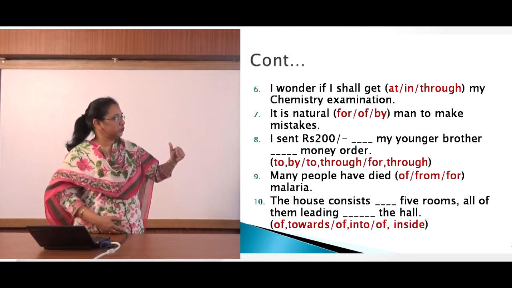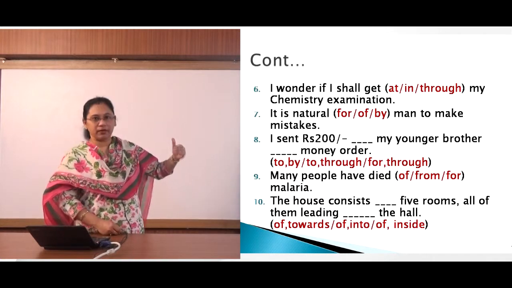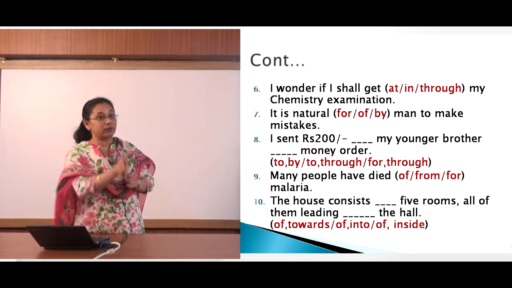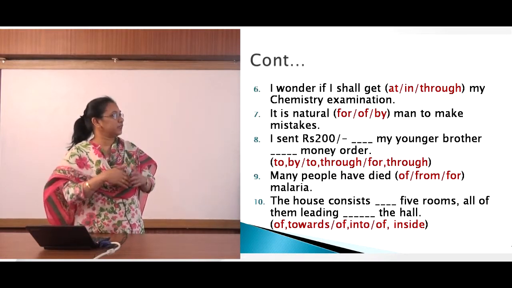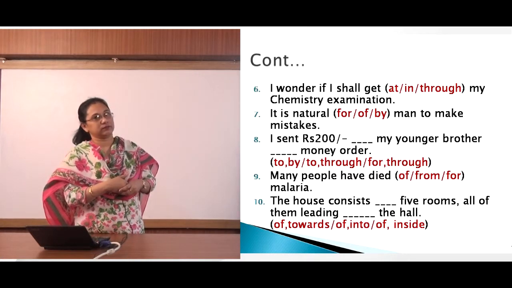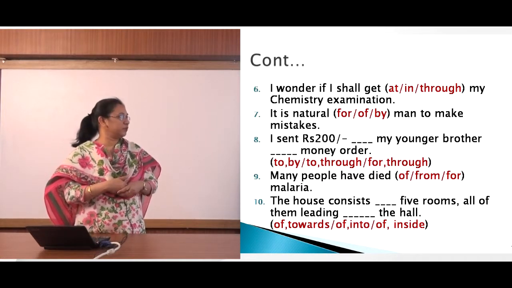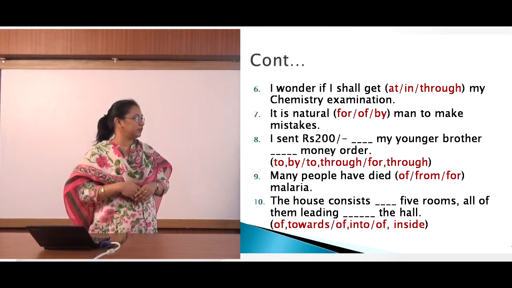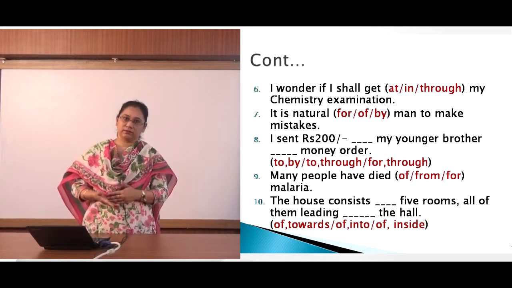I sent 200 rupees to my younger brother by money order, or through money order, or I sent 200 rupees for my younger brother through money order. The right option would be I sent 200 rupees to my younger brother by money order.